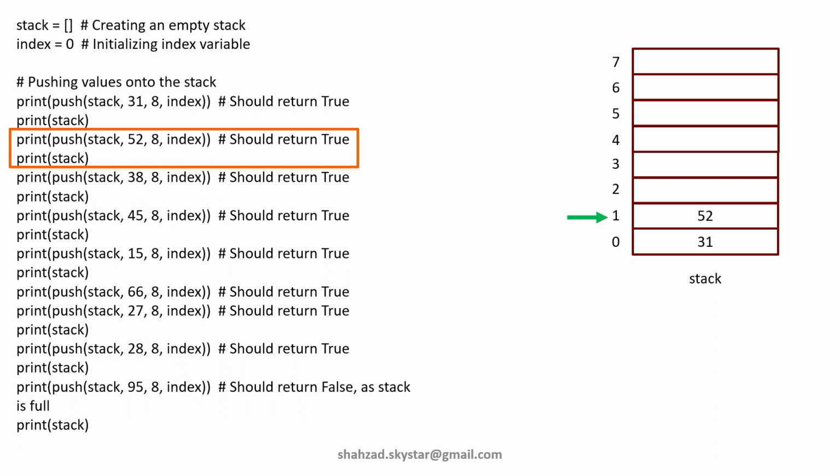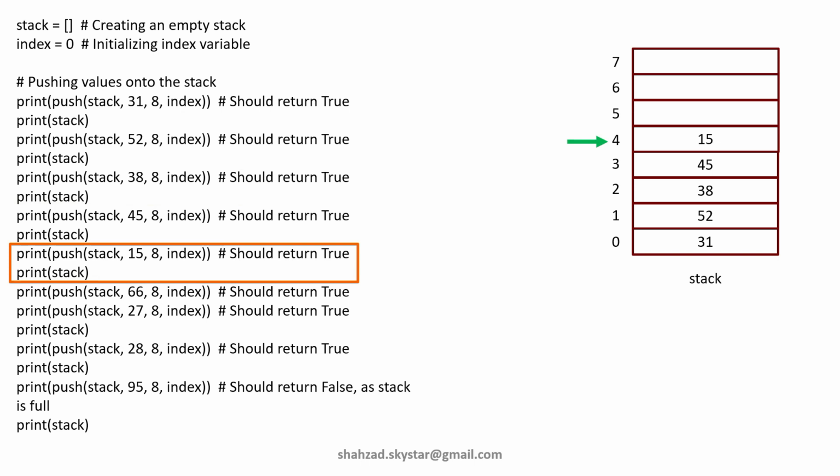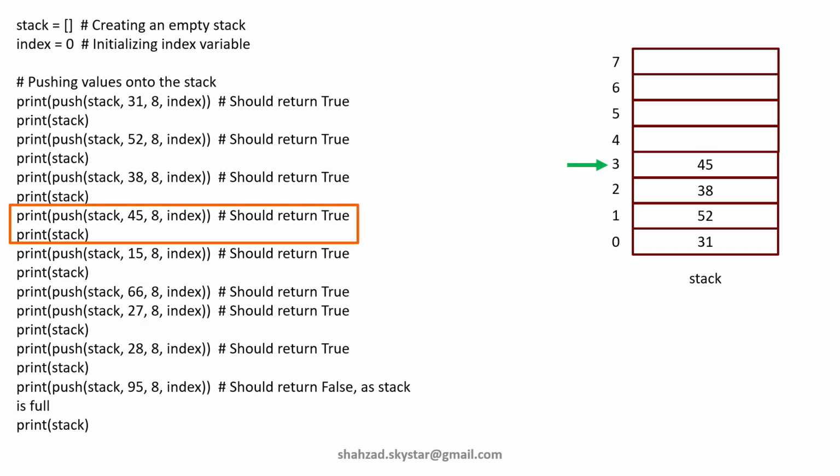Next, index will reach number 1 and it will insert 52. Next, index will point to index number 2, and it will keep the value 38. Next, index value is 3, and I am going to add the value 45.